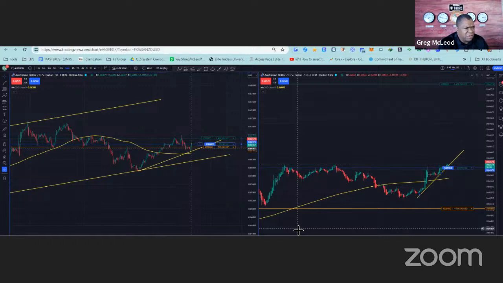We got some positive news out of China and red hot inflation out of Australia, which means the RBA, or Reserve Bank of Australia, might have to raise rates. And if they raise rates, it makes the currency rate higher. So that kind of blends together.